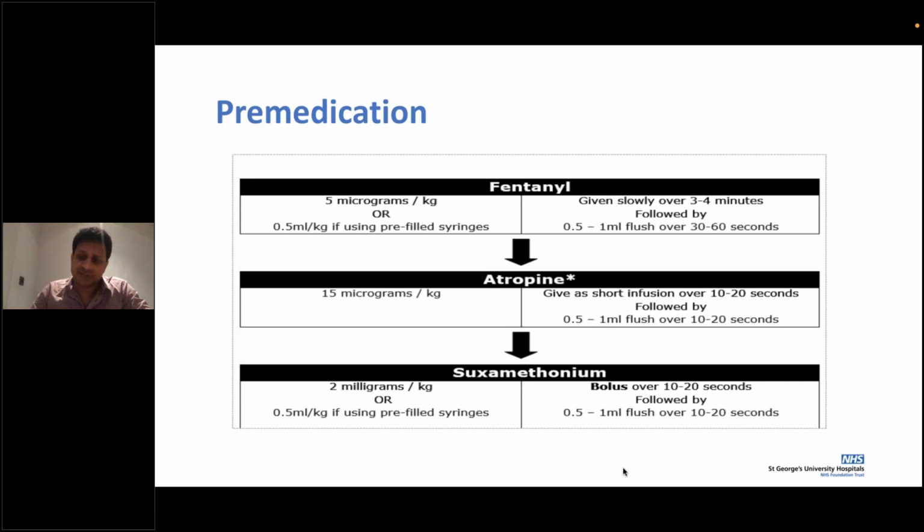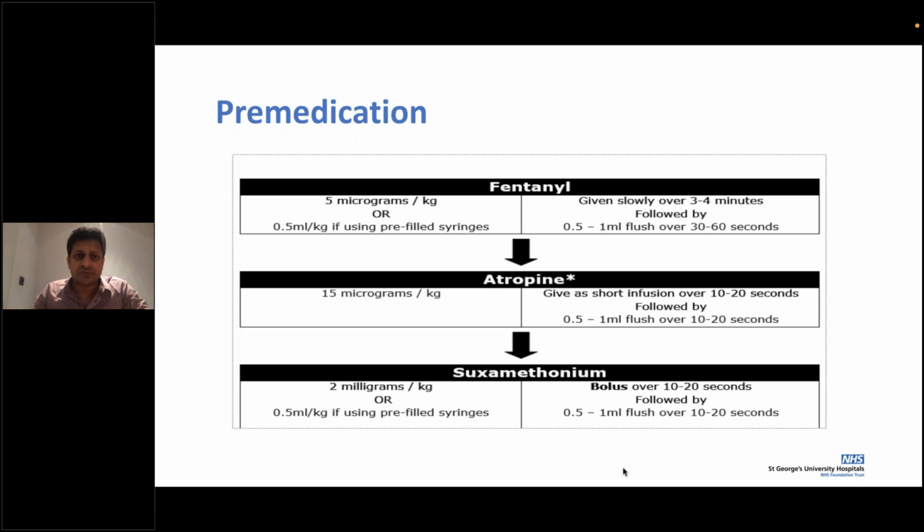But what I've certainly noticed is that we don't understand the drugs completely. We're using fentanyl, atropine and dexamethasone, and I thought it's important to cover how each acts and what the side effects of each of these drugs are, so that when you come across these side effects, you know it is very likely to be intubation-related drugs. And it might just take a while for it to normalize.